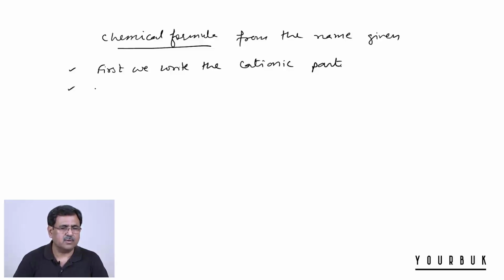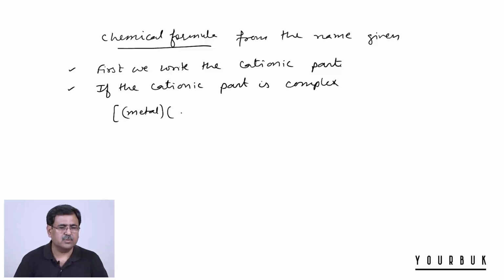And if the cationic part is complex, in the square bracket first you write the symbol of the metal atom, then you arrange the ligands alphabetically, then close this bracket, then you write the anionic part to balance the charge on the cation.